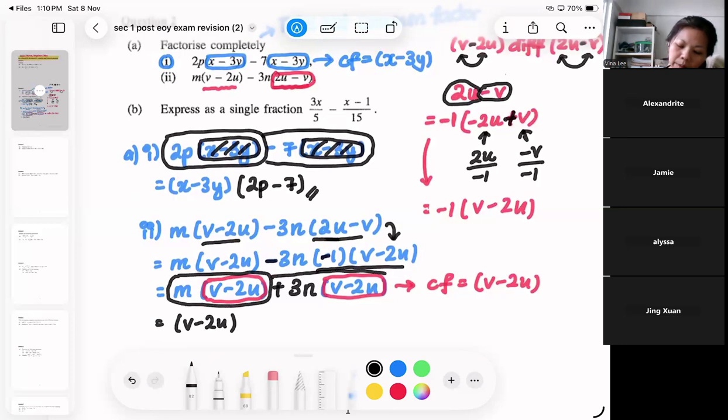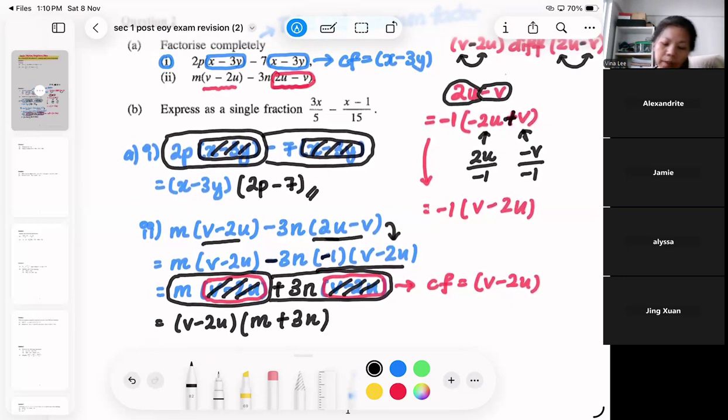Now you can take it out. You are left with m, and you are left with 3n.